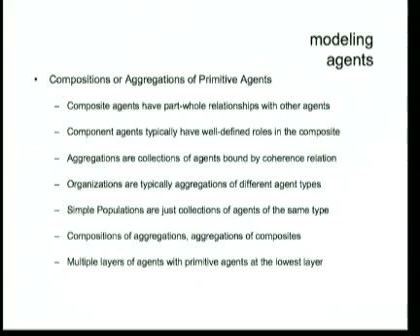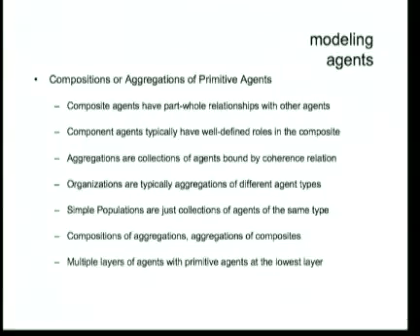Aggregations are very simple collections of agents, generally bound by some sort of coherence relation. So it's some sort of collection that holds together based on the phenomenon or the characteristics or the common location of the agents, et cetera. And again, organizations are typically aggregations of agents of different types.